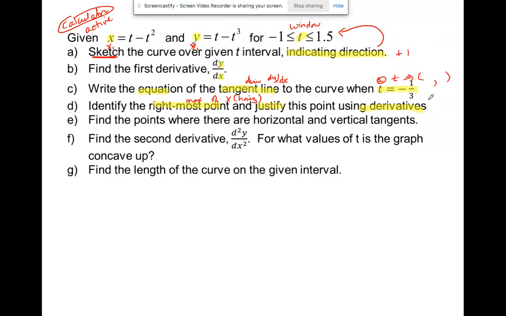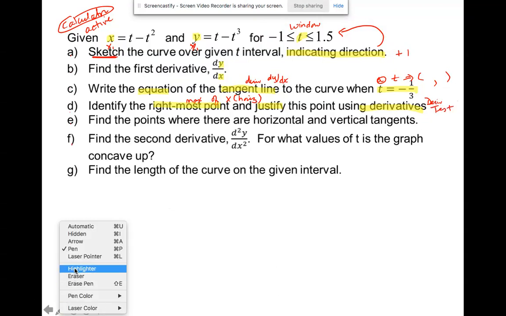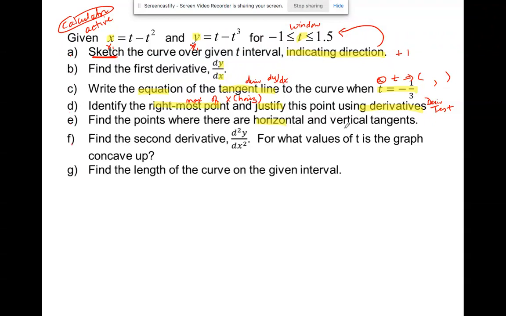Justify using derivatives is a derivative test. Next, find the points where there are horizontal and vertical tangents. Points, x and y, where the slope dy dx is equal to 0 and the slope dy dx is undefined.